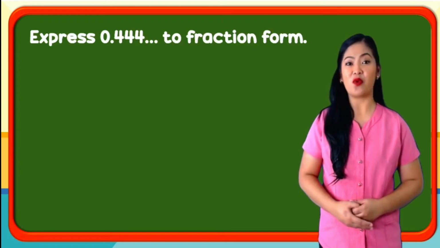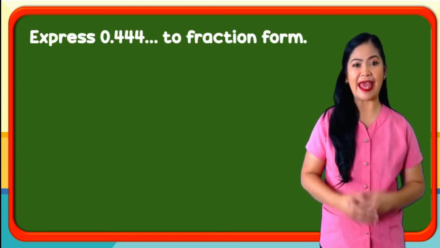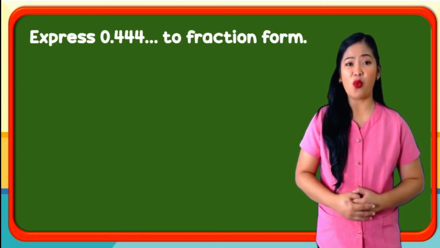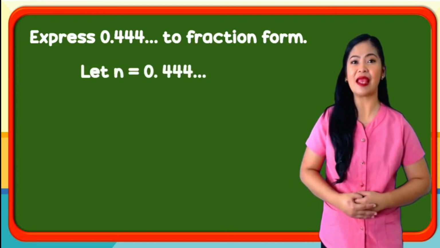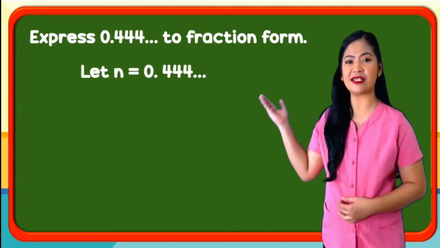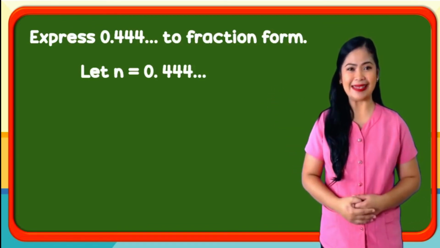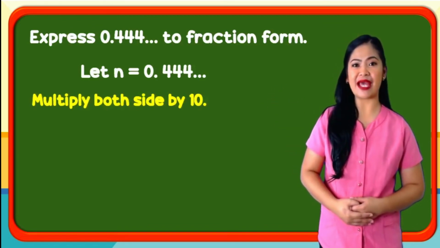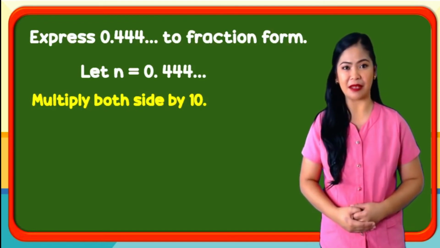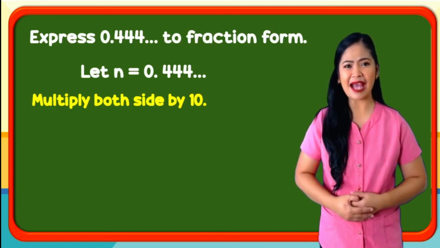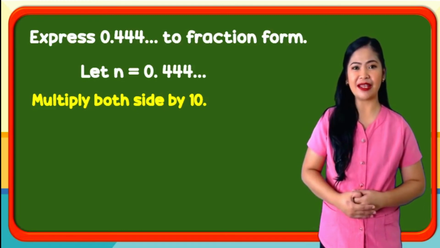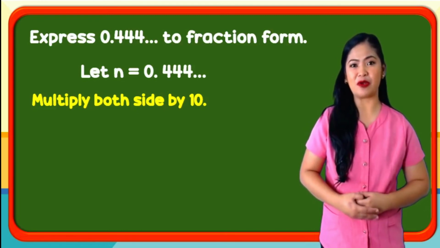In this case, we have to make an assumption. Listen very carefully. We are going to let n be equal to the repeating decimal, which is 0.444. Then, we multiply both sides of the equation by 10. Why 10? Actually, it could be 100, 1,000, or any power of 10.